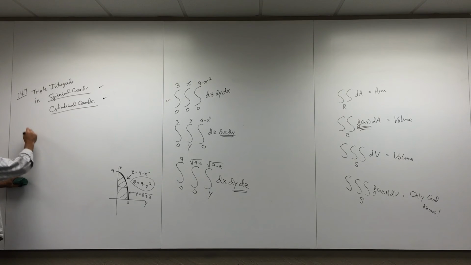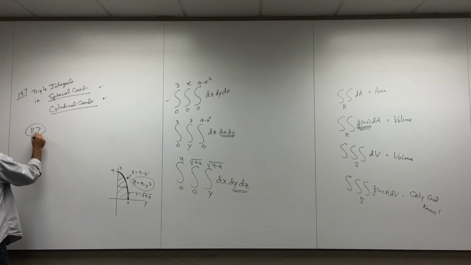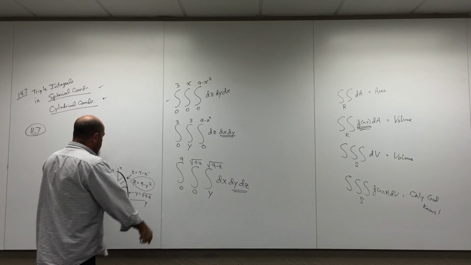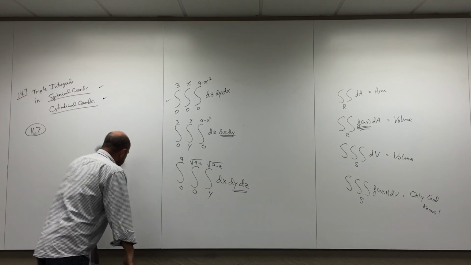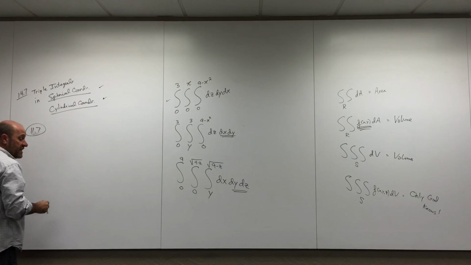So that takes me back to 11.7. I skipped these at the time because we had no use for them, but now we need them. So let's go back to 11.7 and learn about these brand new 3D coordinate systems.